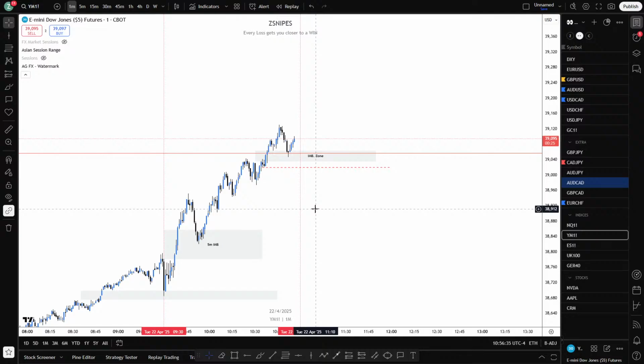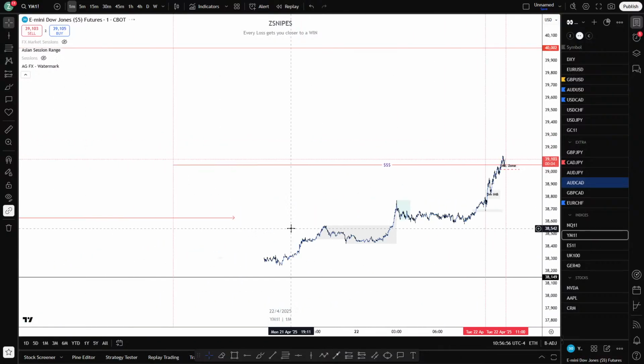Towards that time, the setups, like these imbalances, get less and less probable, because we're going into late New York, so you're not going to have as much volatility or as much impulse, and that's basically what we want to see. That's what this strategy is based on. It's just impulsive movements and momentum, following the directional bias.